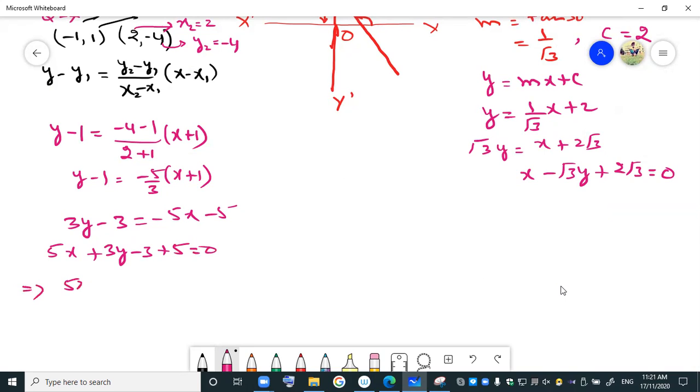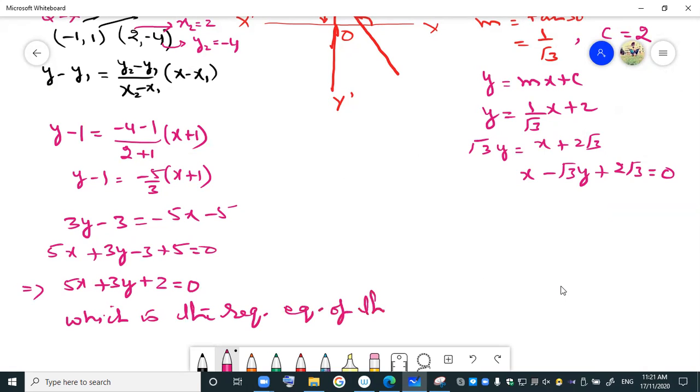So we get 5x plus 3y plus 2 is equal to 0, which is the required equation of the given line.